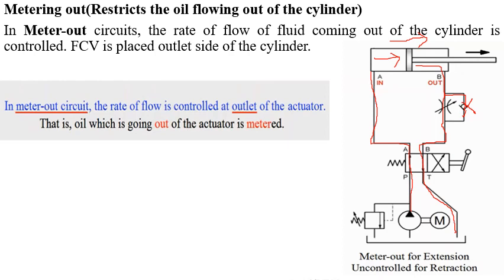By this way, the oil which is going out of the actuator is controlled using the flow control valve. To control the meter out position, the flow control valve is installed in the outlet line of the cylinder, or the line leading to the rod end.